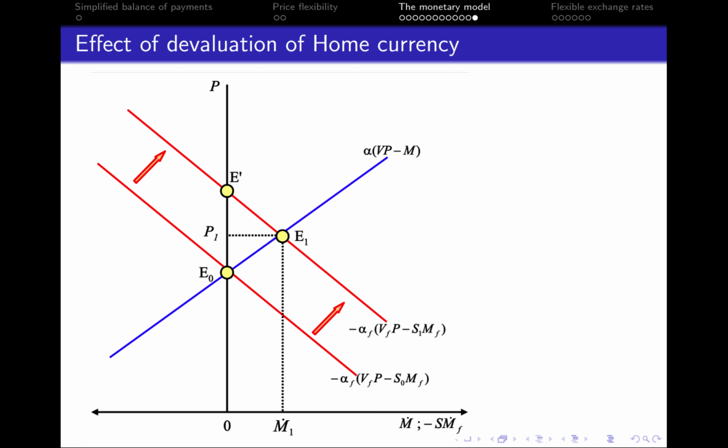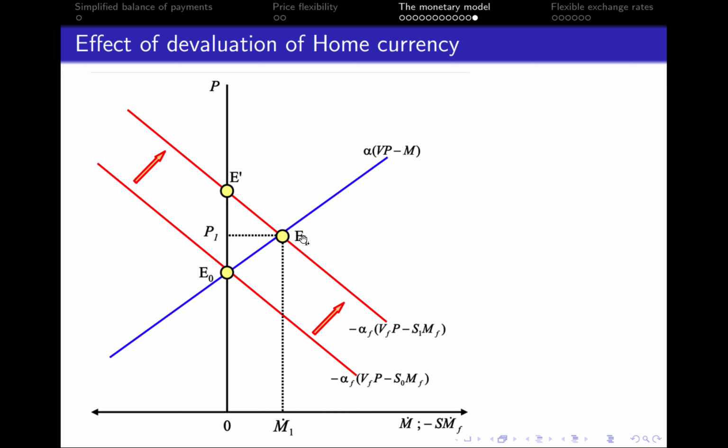So this would be the initial effect. However, we should notice a couple of other things, because as an outcome of devaluation, the dishoarding line moves upwards, and we will see that the new short-run equilibrium is going to be at E1.